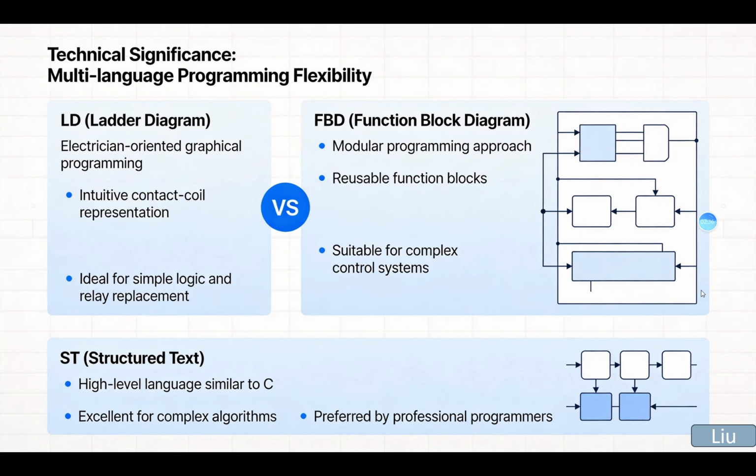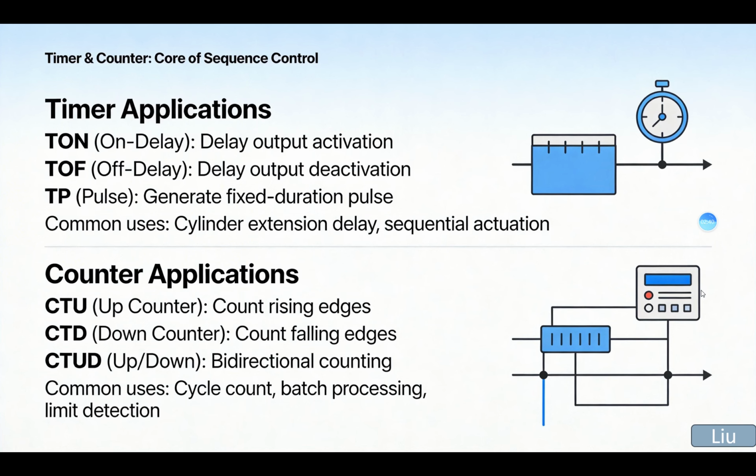preferred by professional programmers. You can see the timer application: the TON on-delay, delayed output active, and the TOF off-delay, output deactivation delay, and the pulse timer generates a fixed-duration pulse. Common uses: cylinder extension delay and sequential action.